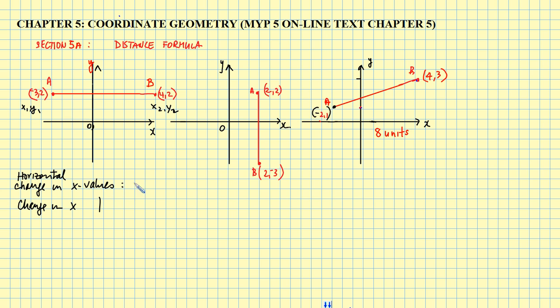Okay, and I would say, taking the absolute value of x sub 1 minus x sub 2, or the length of the segment AB is going to equal the absolute value of x sub 2 minus x sub 1.